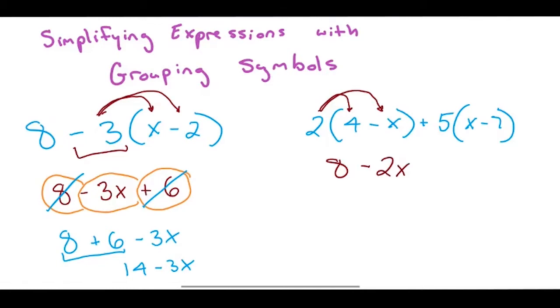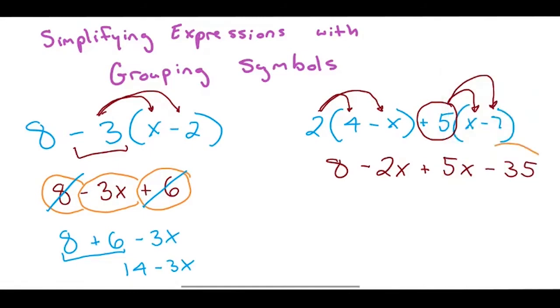All right. Now I have a +5. Okay, so I have +5 multiplying that by x. That's going to be +5x. And +5 times -7 is going to give us -35. Okay.